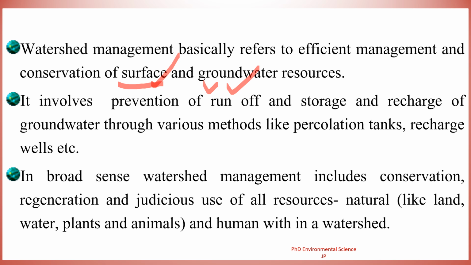Prevention of runoff: effective watershed management seeks to reduce the speed and volume of runoff water from precipitation. This can be achieved through various methods such as creating permeable surfaces, maintaining vegetation, and employing techniques to slow down and capture rainwater.